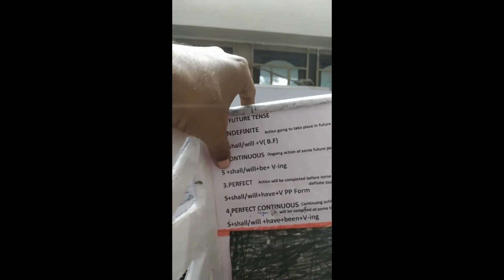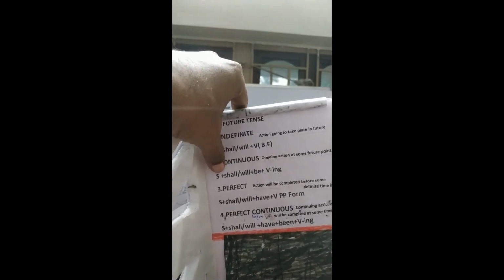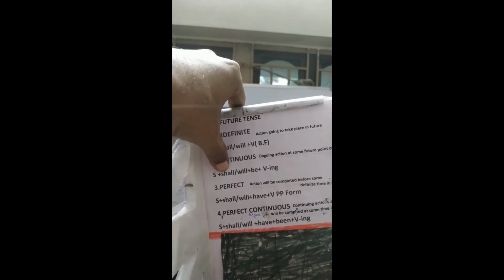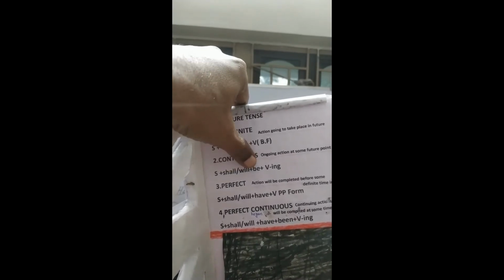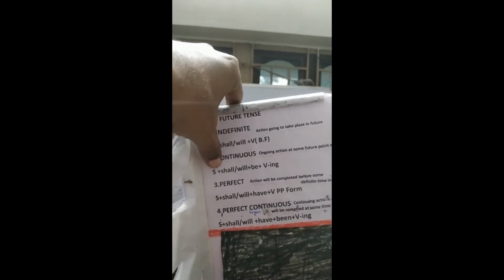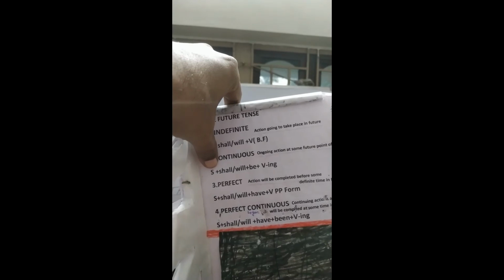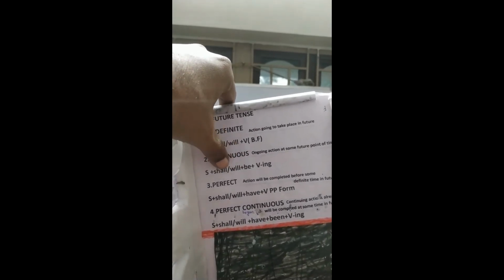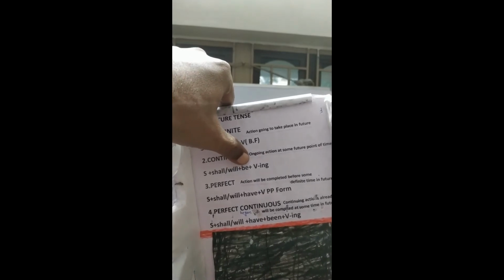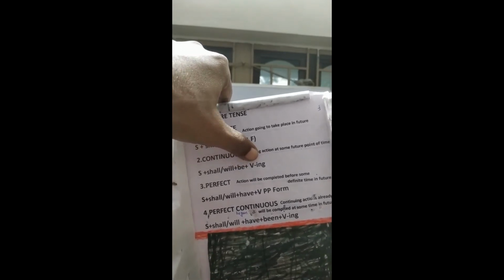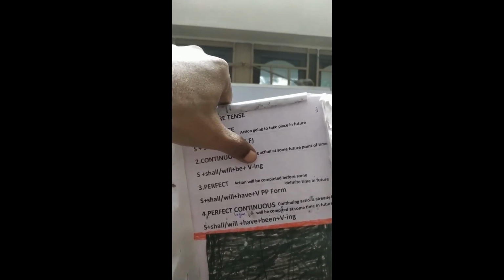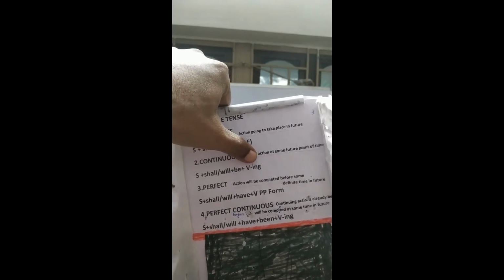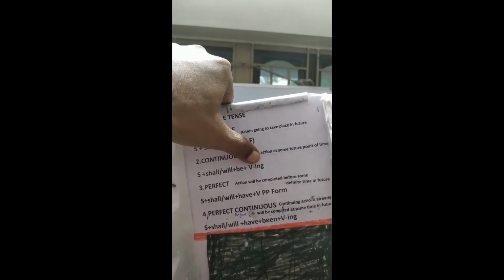You have to write subject first, then subject will be followed by either shall or will according to the number and person of the subject of the sentence. And shall or will be followed by be. Then you have to write the verb along with its ing form. Okay.